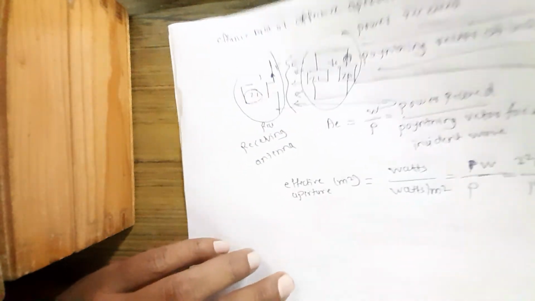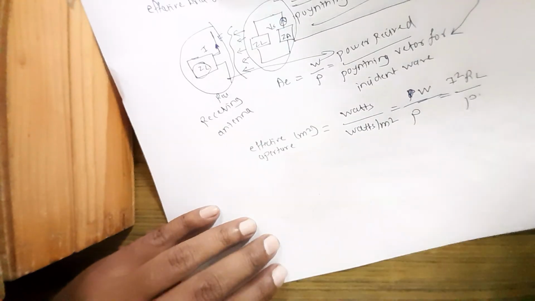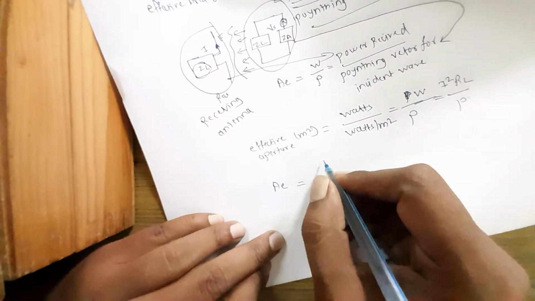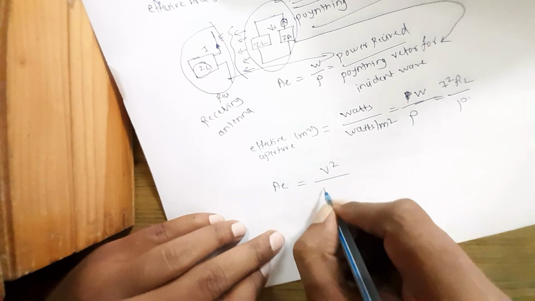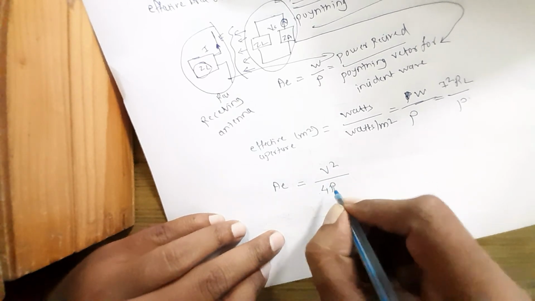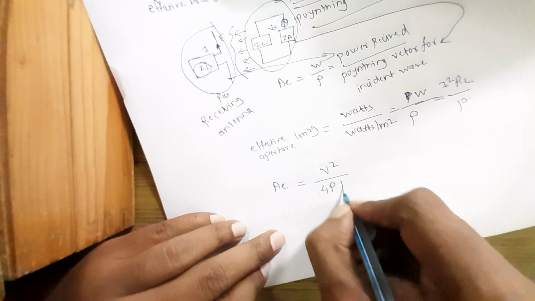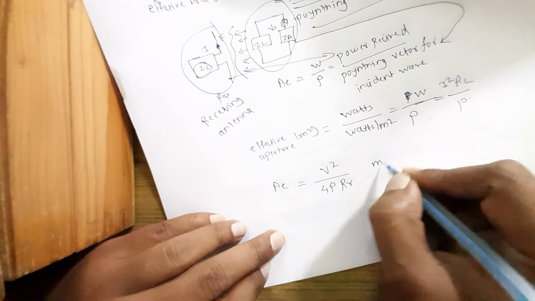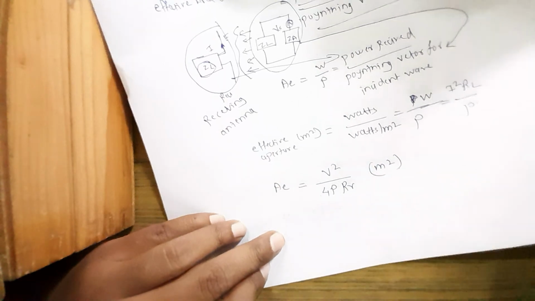Similarly, the effective aperture is also expressed in terms of voltage, V square divided by 4 pi into power divided by radiation resistance. That unit will be in terms of meter square.